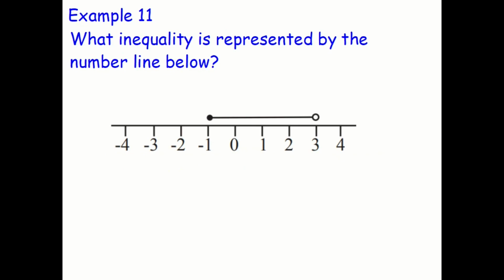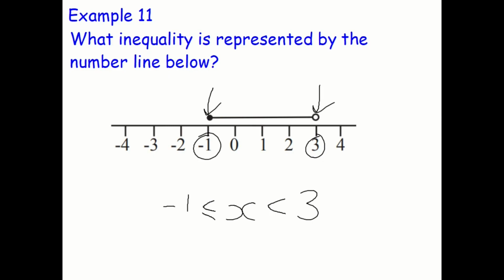Example 11, what inequality is represented by the number line below? So remember, start off with your x in the middle. I'm going to put -1 here and 3 here because they're my values respectively. And then x is greater than or equal to, because it's coloured in, and less than 3 because it's not coloured in.